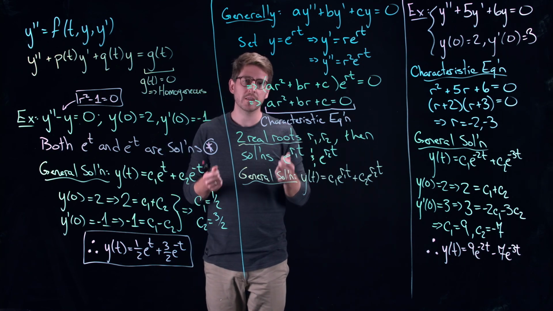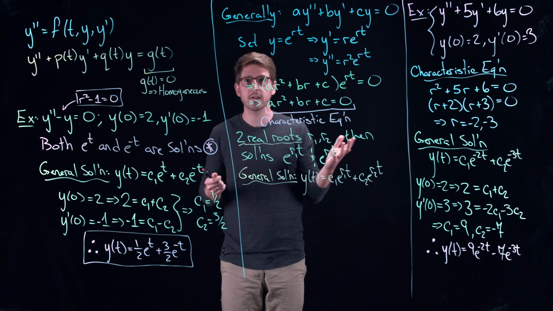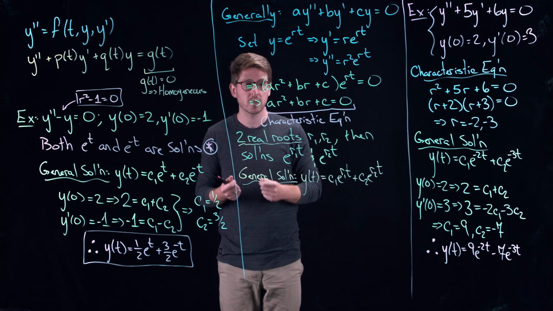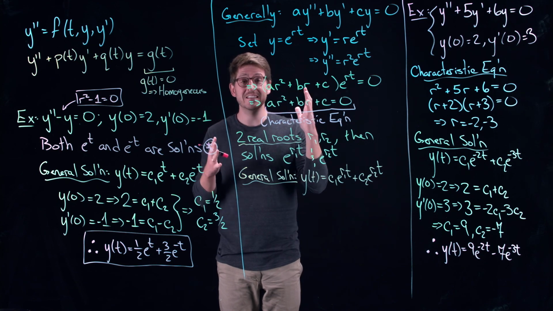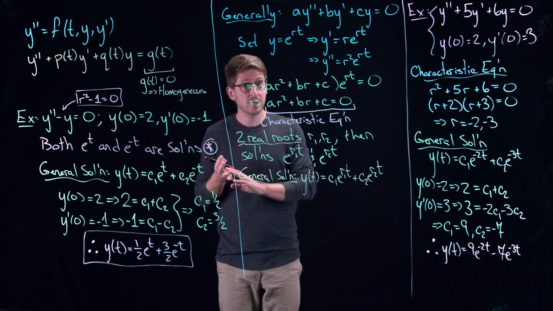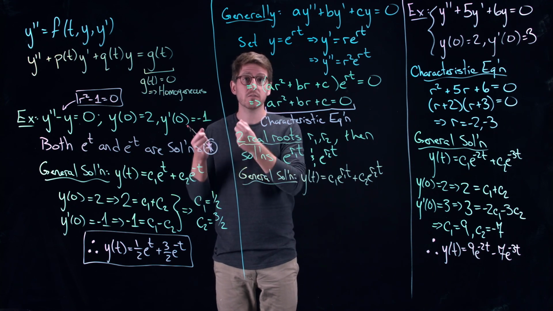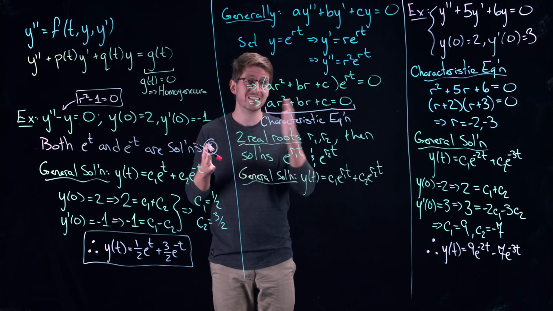So what we're going to do in the next video is introduce some of the general concepts of second-order differential equations. In particular, we're going to talk about existence and uniqueness theorems. So when do we have a solution? When is it unique? The types of things that we talked about, the general theory for first-order systems, we're going to do the same thing here.